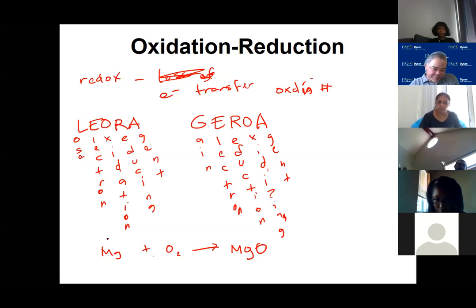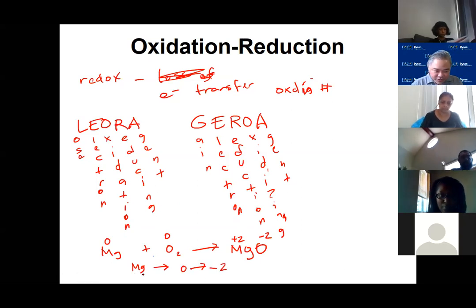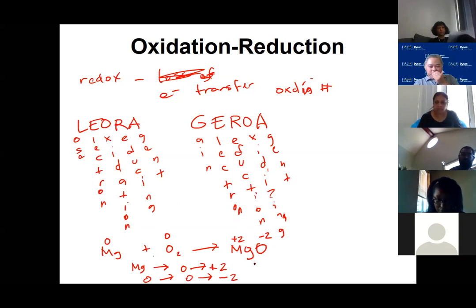So oxidation number, you will assign this as 0 because they are in elemental form. And here, this becomes what? Positive 2, and this becomes negative 2. And the way that you're going to look at this, okay, so magnesium is from 0 to positive 2. Oxygen from 0 to negative 2. So what happened here?